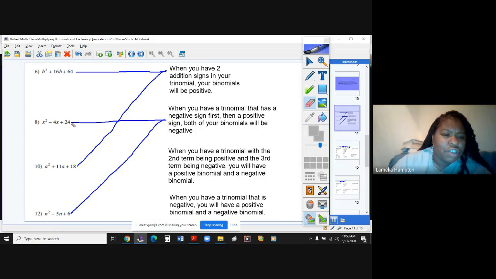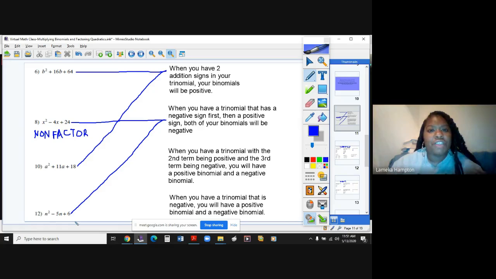So although number 8 had a negative sign first and then a positive sign, it was non-factorable. So I'm going to write non-factor. We could not factor this particular problem.